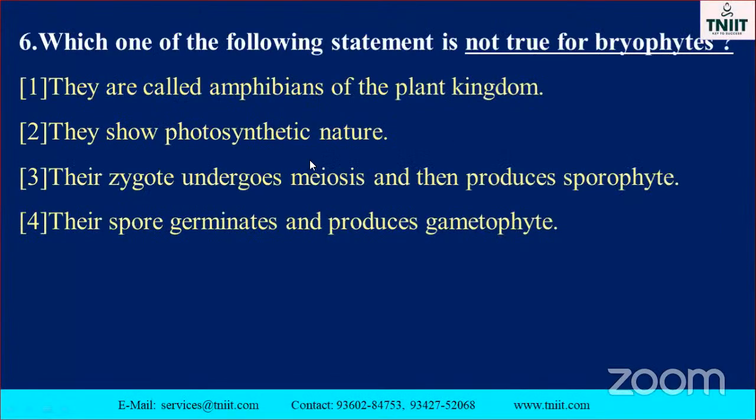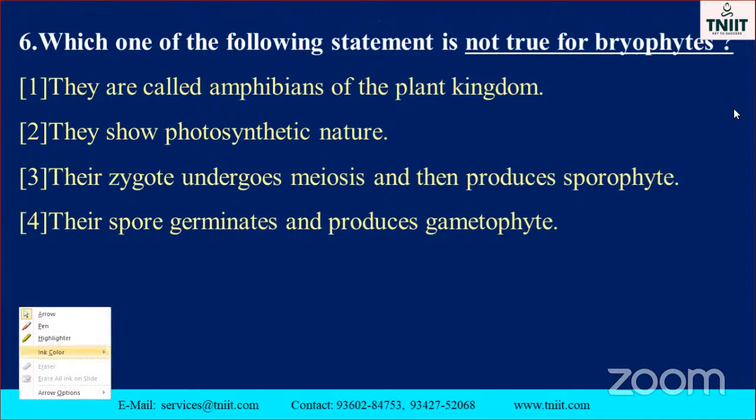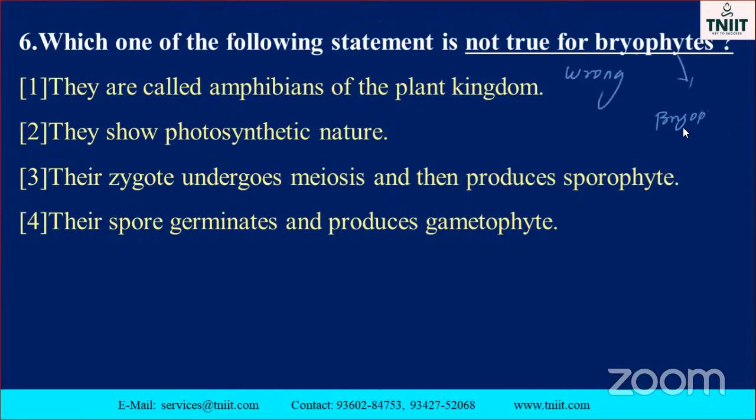Okay, go to the next one. Which one of the following statements is not true? Not true, so the wrong statement. Very important. Bryophyta. Okay, what is the meaning now? Seed habit like that. Before which one, you know? Gymnosperm.